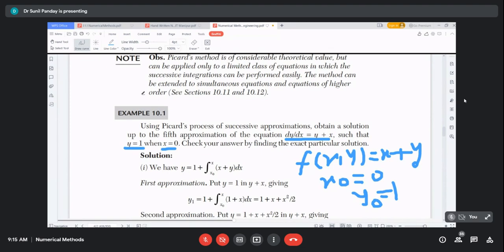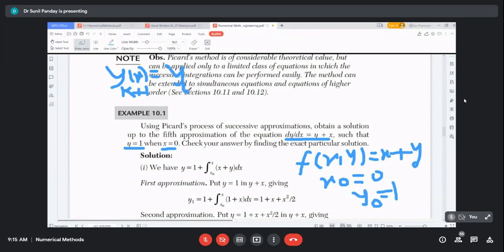So we know the formula for calculating the first approximation, second approximation to the solution. Instead of this, I write k, or better to write k plus 1.